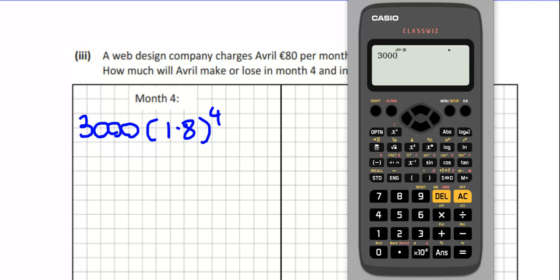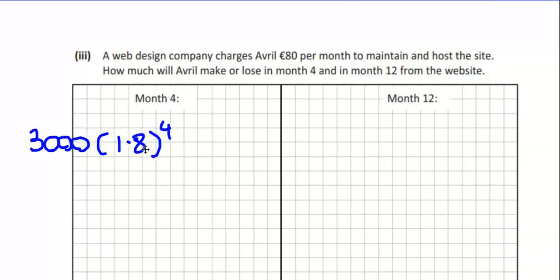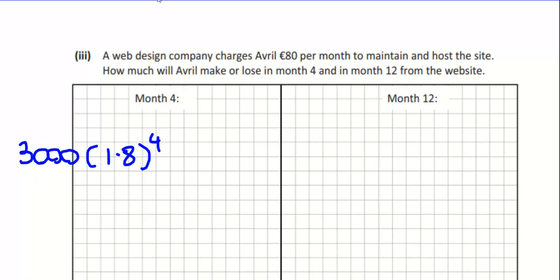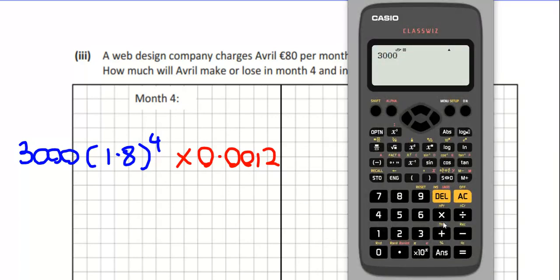Do you know what? We do it all in one calculation, will we? Why even bother saving all the decimals? And then each user will pay how much? How much will each user pay me? 0.0012. Let's just do it all in one calculation. So that's the number of users, which is this number here, and then we're going to multiply that by 0.0012.